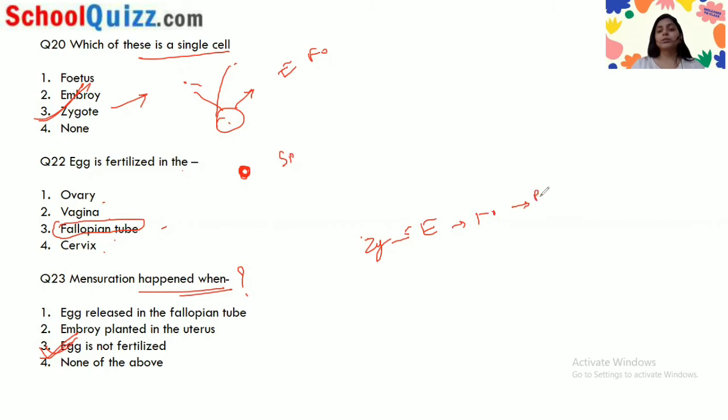But what happens when the egg is not fertilized? It will be released in the form of blood. This is called menstruation, and when it happens every month, this is called the menstrual cycle. Okay.